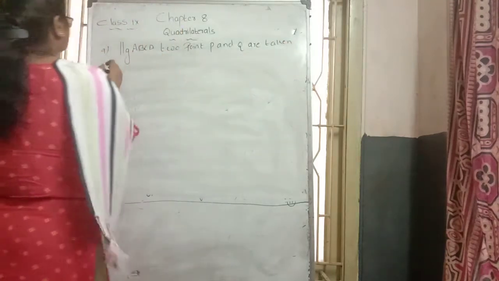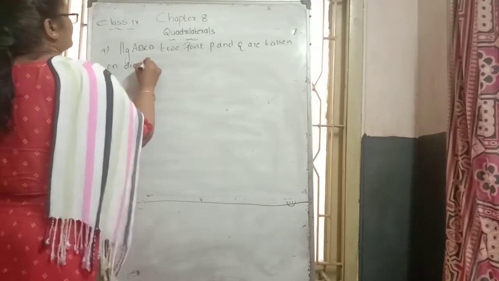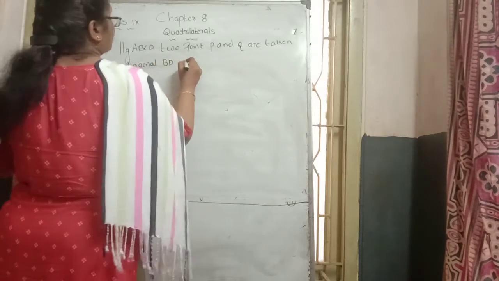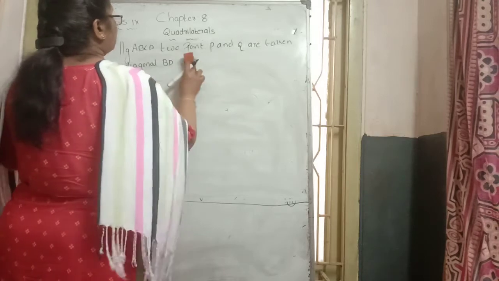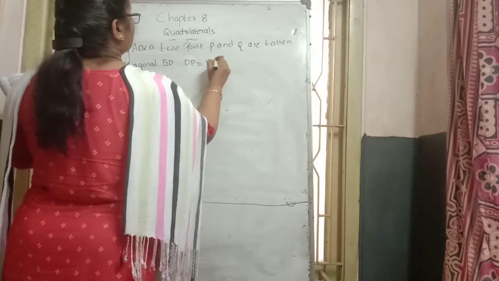Mark these two points on the diagonal BD. Then they give us that side DP is equal to side BQ.